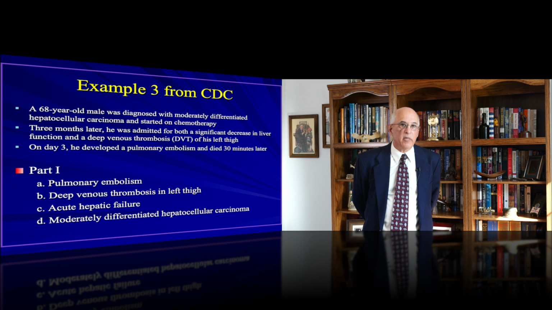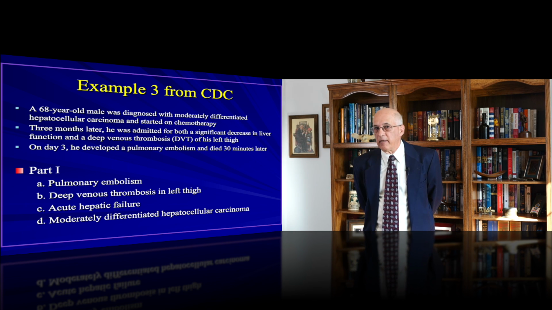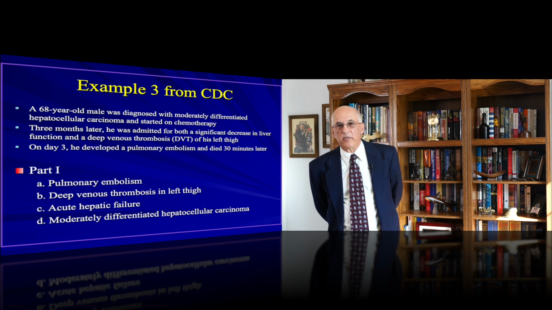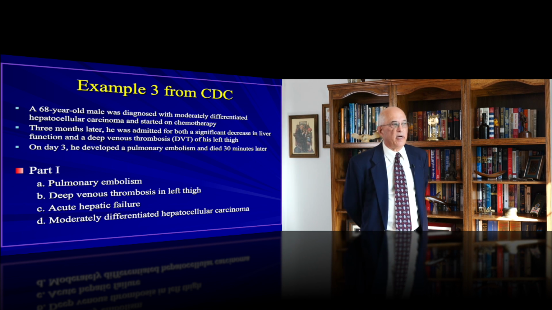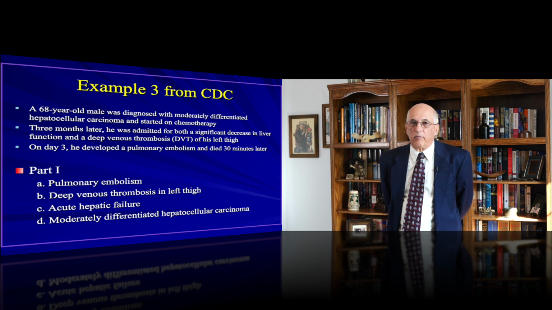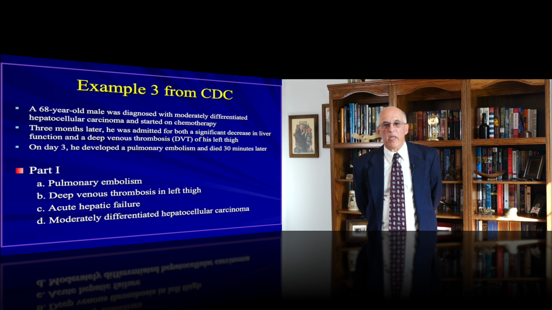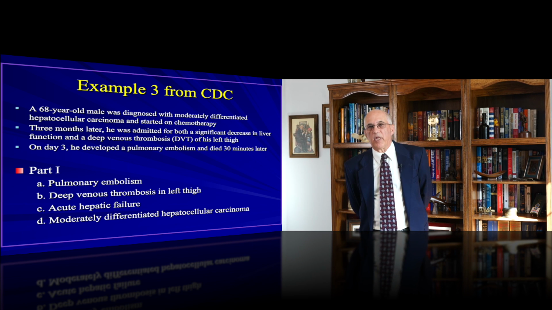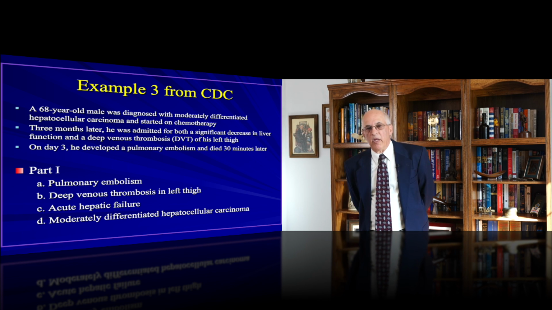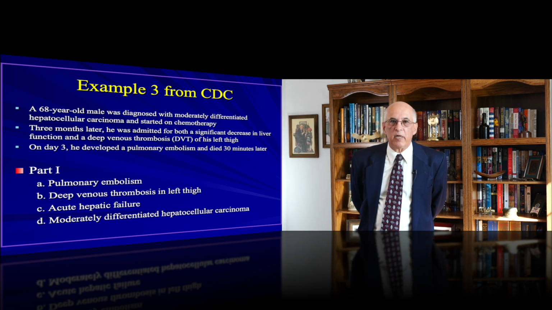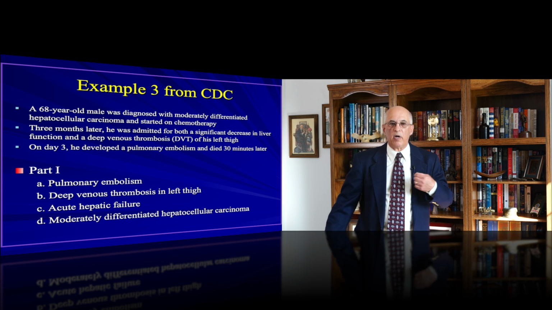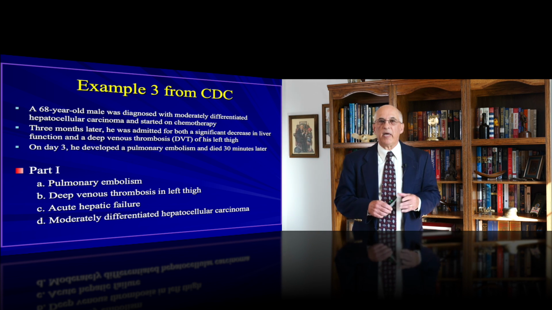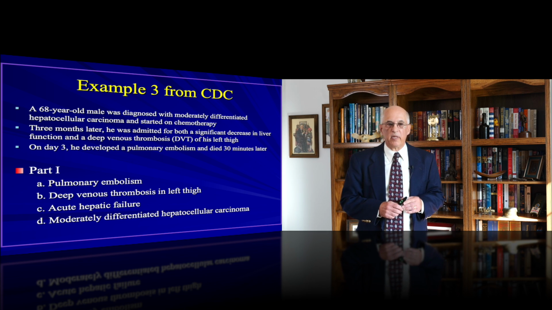Now, as long as the blood clot stays in his left thigh, it's not doing any serious harm, but he gets admitted to the hospital, being treated for the liver failure and also being treated with anticoagulants, or blood thinners, if you prefer, for the blood clot in the thigh. However, 3 days later, the blood clot breaks off from its place in his thigh, travels to his lung, causes a pulmonary embolism, and he dies 30 minutes later.